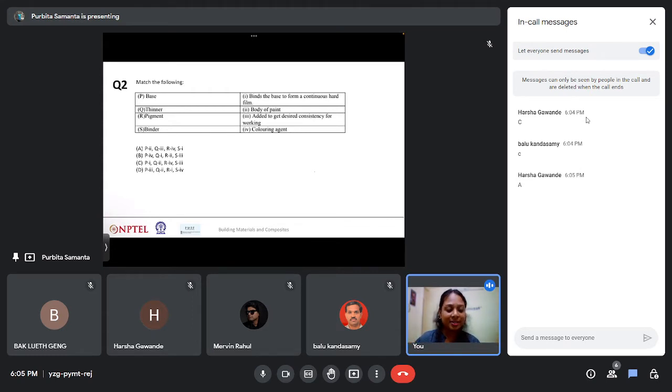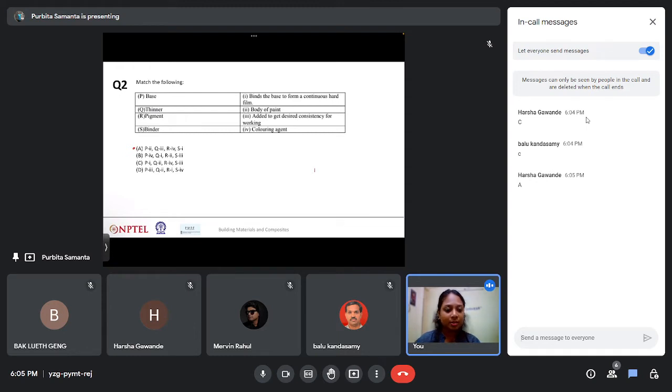I'll discuss those quickly, but before that, I got one answer from Harsha. She's saying option A. Basically, you have to match base, thinner, pigment, and binder. And as we all know, these are the components of any paint.